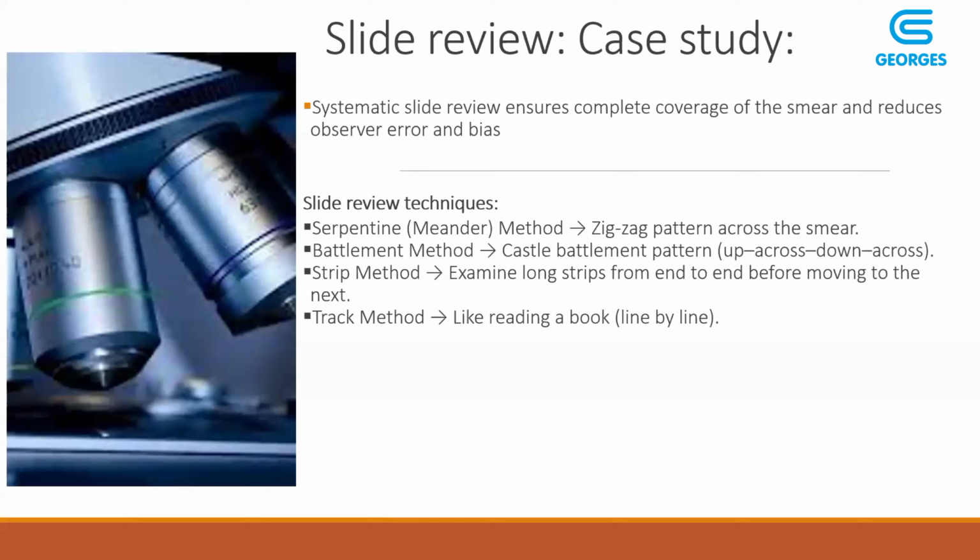You create virtual lines on a slide, so you ensure that you've covered all the slide or the smear under a microscope. So when you review a slide systematically, it ensures that you have reviewed all the places on a slide. This ensures that you have not missed any parasite, even if you declare a slide negative or positive.